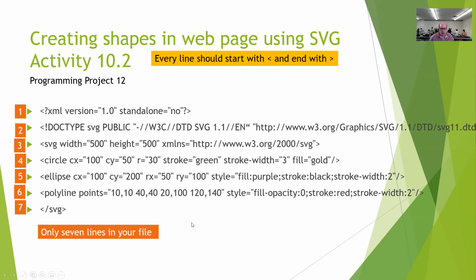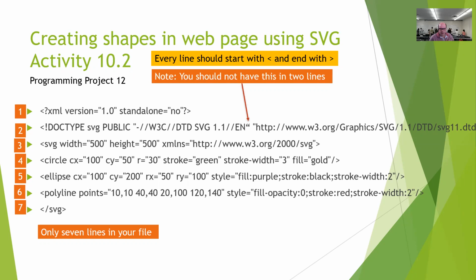The idea is we don't want to have this section in 2 lines. That's the way your book has it because it doesn't have enough room. But it has to be in 1, or you add a backslash at the end of the first line if it's 2 lines, or you just put them on the same line.